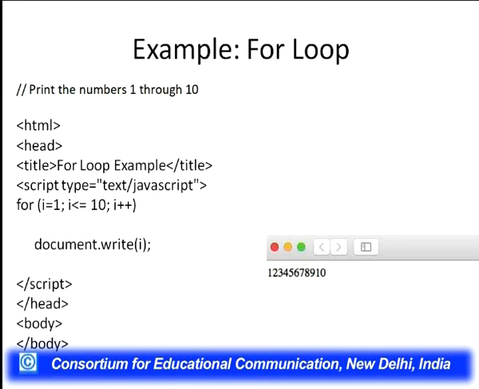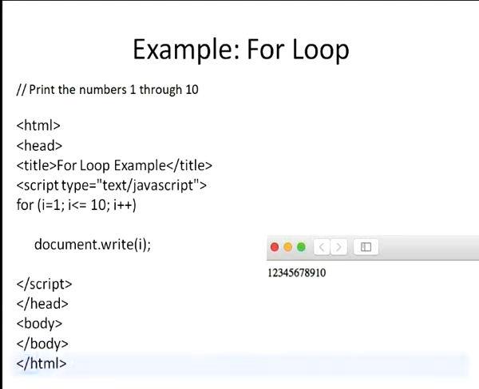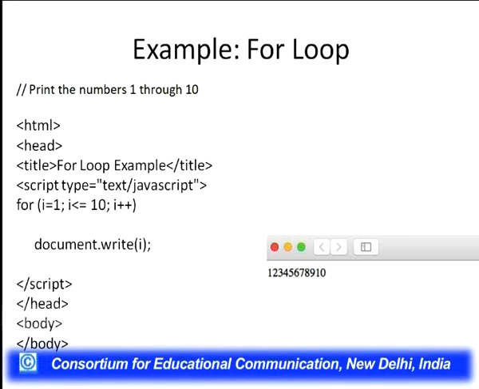As soon as the value of I becomes 11, the condition is false, and therefore the program control comes out of the looping statement. So this is a simple way of executing the same statement repeatedly within a given range of values of the counter.